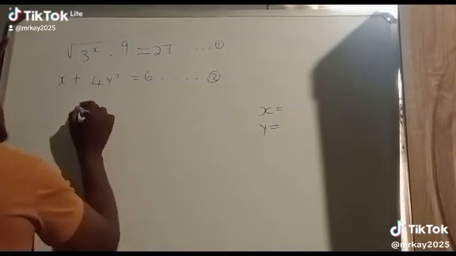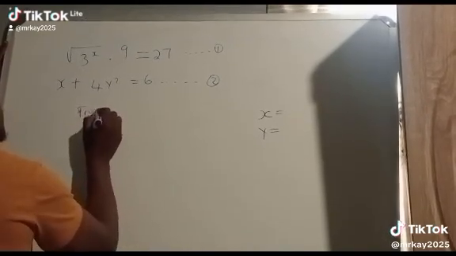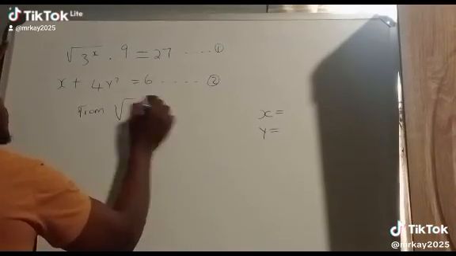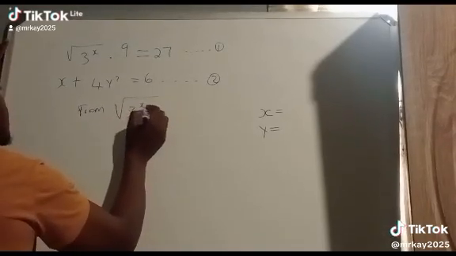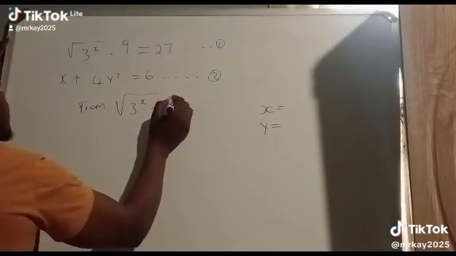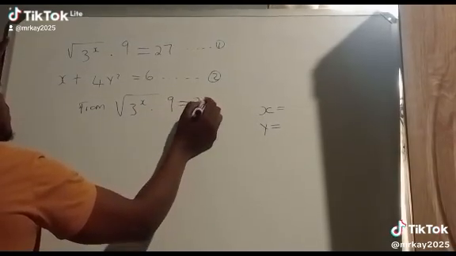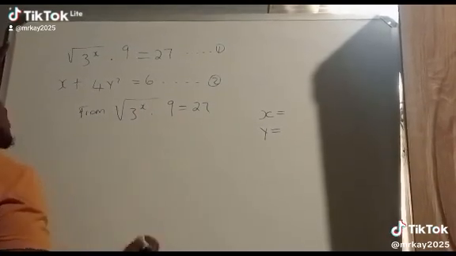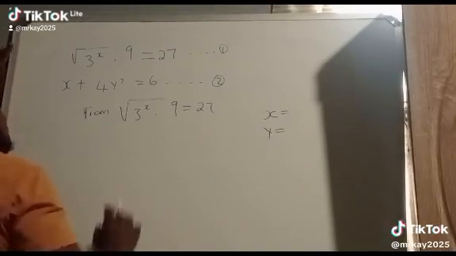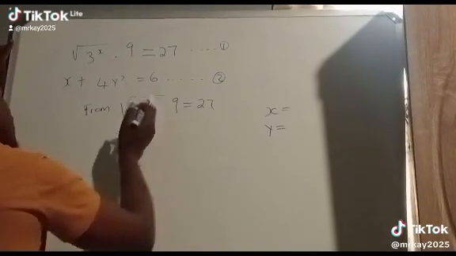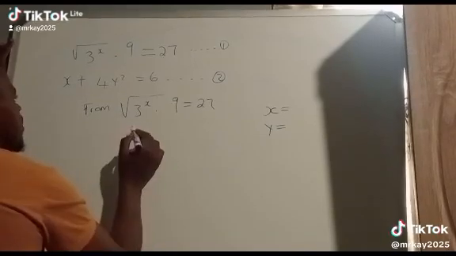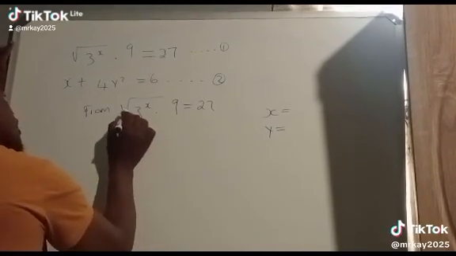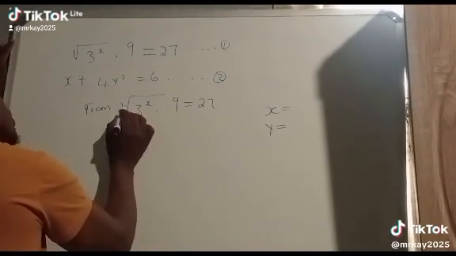So from equation 1, we have the square root of 3 to the exponent x multiplied by 9 being equal to 27. Now I'm going to learn how to change the square root to become an exponent, which means where you see the square root here, there is an invisible 2 that you do not see.